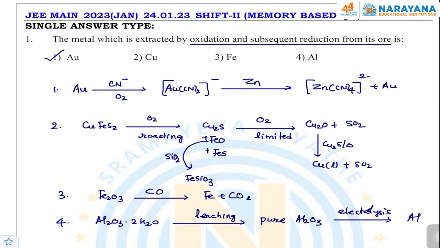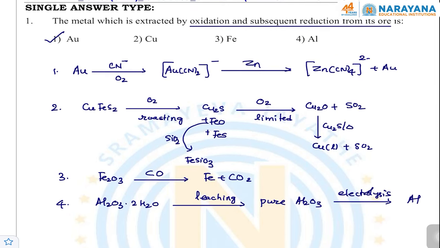Now if you see the other options, copper is extracted mainly from chalcopyrite, which is subjected to partial roasting, which will give FeO, Cu2S, and some of the FeS remained as unreacted. The FeO formed reacts with silica to form slag FeSiO3. So we'll get what? Copper matte.